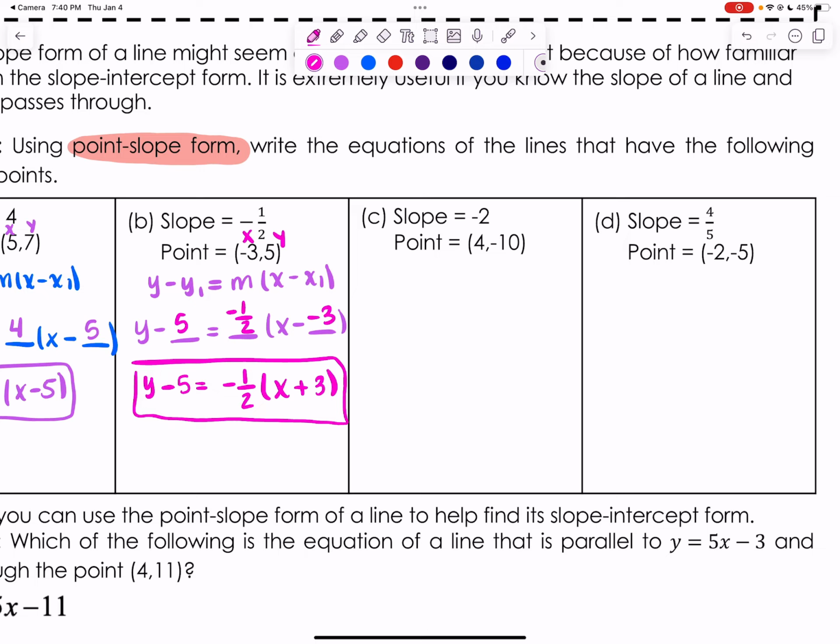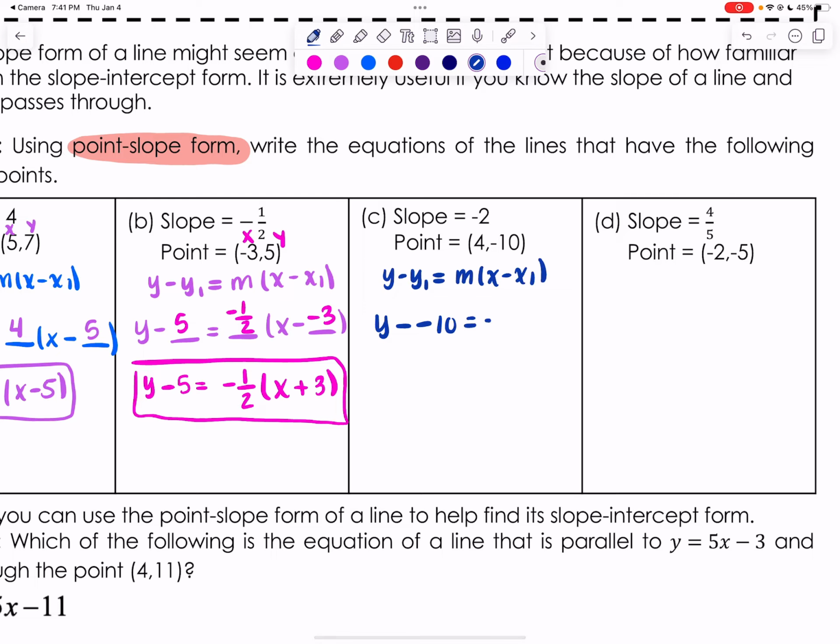In C, we do the exact same thing. Our slope is -2 and our point is 4, -10. And what I'm going to do is I'm actually not going to do blanks this time. I'm just going to go ahead and do my substitutions. So y minus the y value of my point, so a -10, so I'm going to do minus -10.